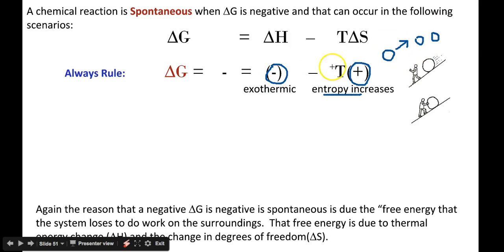What's exothermic? Let's say heat was released in this process. So if heat's released in this process, the energy is absorbed by the surroundings, and the surroundings are going faster. And our molecules are dispersing their energy by having more degrees of freedom. So that should give us an always, always, always spontaneous reaction. Now, a spontaneous reaction is measured by delta G becoming negative, always negative.